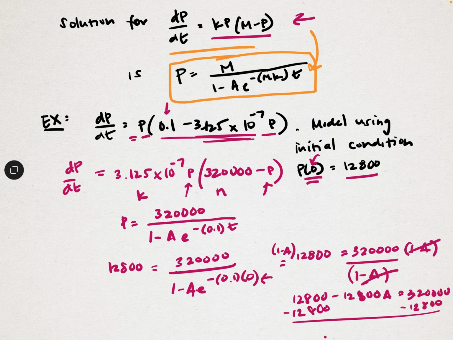So 320,000 minus 12,800, and then divided by 12,800 is 24. So a is actually going to be negative 24, right? Because then we have this negative sign. So a is negative 24.